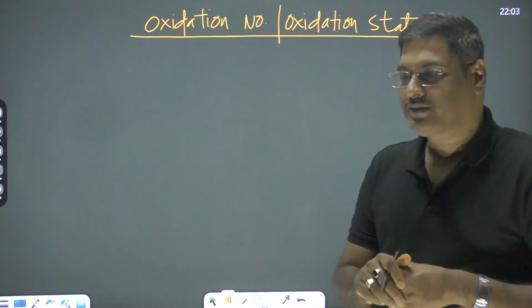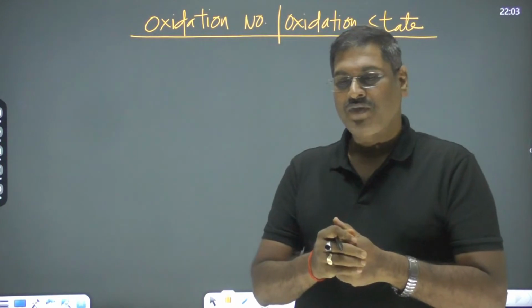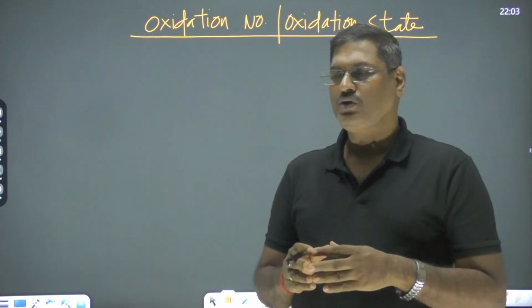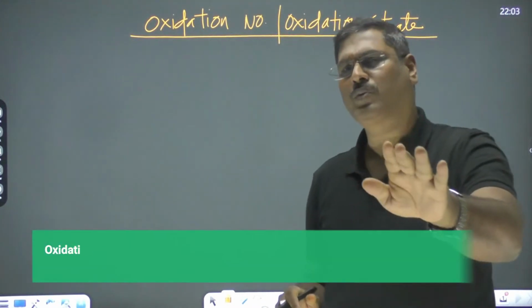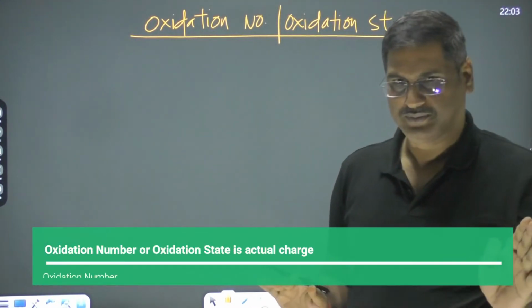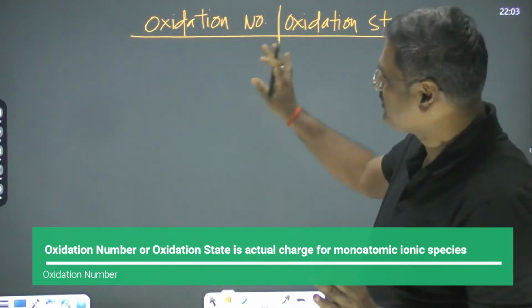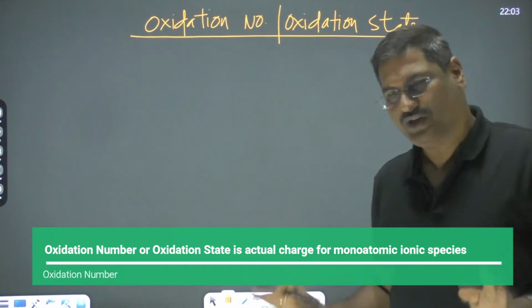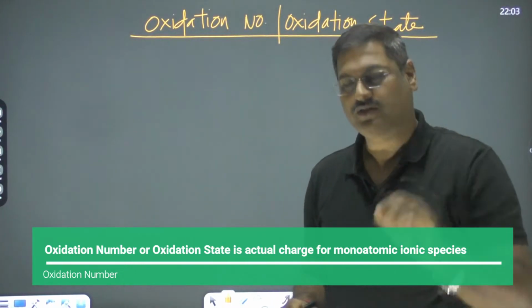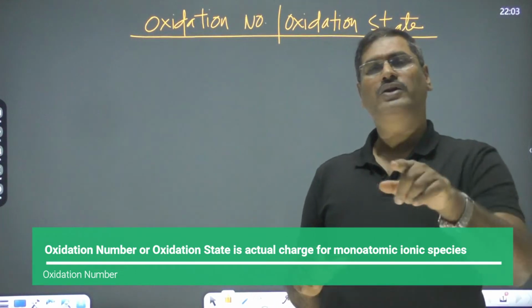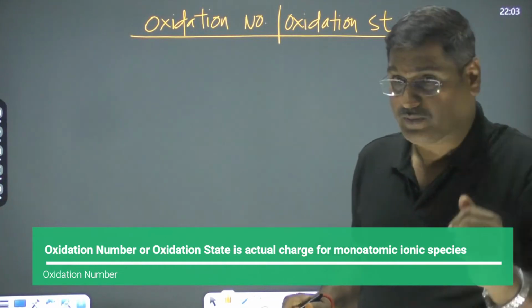Oxidation number is exactly the true charge in the case of monoatomic ionic species. The oxidation number or oxidation state is the true, actual charge in the case of monoatomic ionic species.